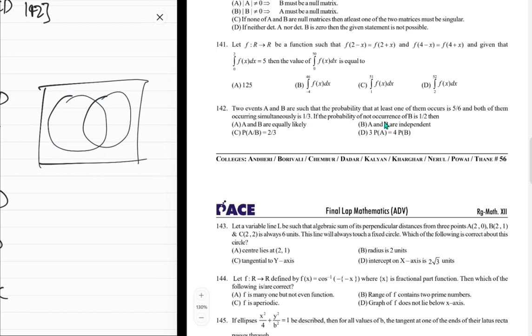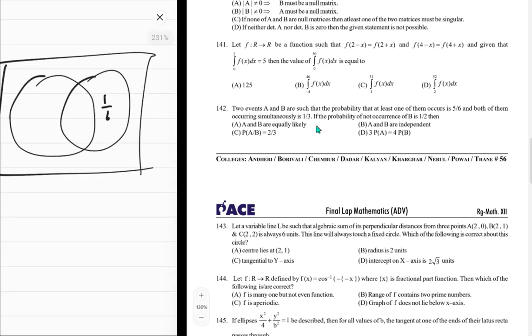If the probability of non-occurrence of B is 1/2, meaning the probability of occurrence of B is also 1/2, then this whole area of B is 1/2, and the intersection is 1/3, so it should be 1/6 like that. 1/6, and this is 1/3 because yes, 1/2 minus 1/3 is 1/6, very correct, right?